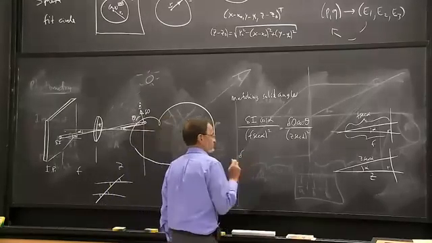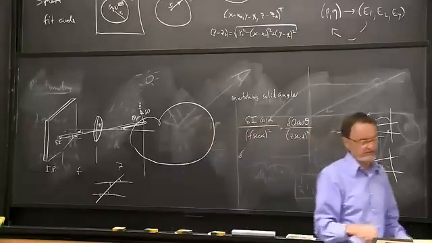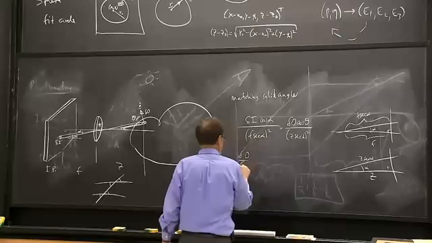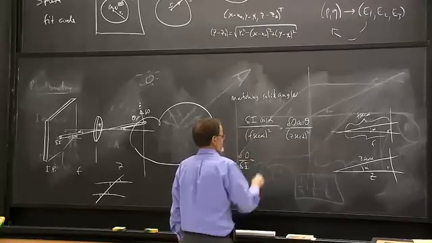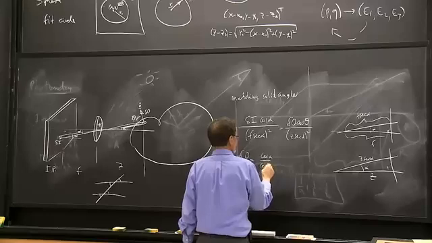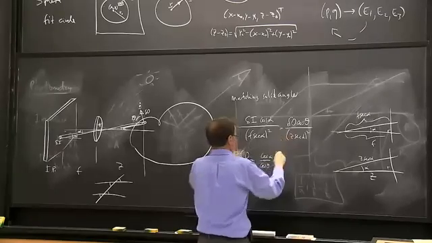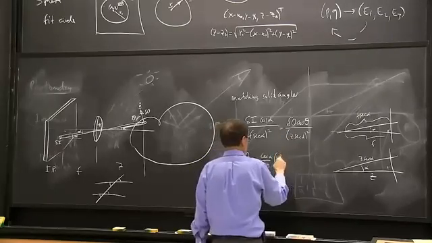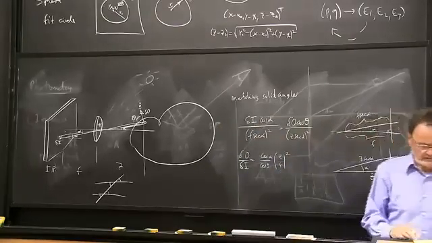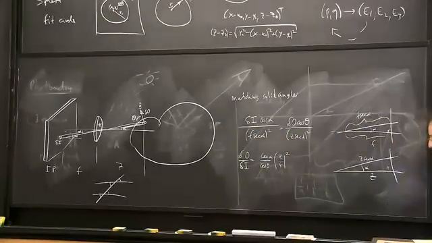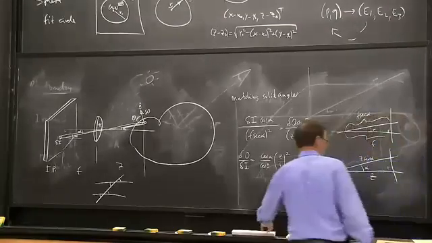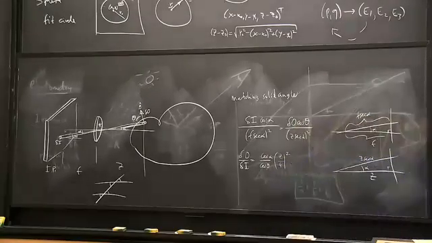So let's see, I want delta O over delta I, or do I want the other way around? Okay, so that's half of the story. We're making good progress here.